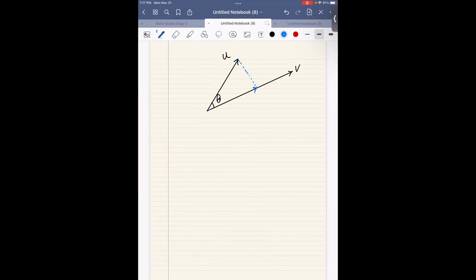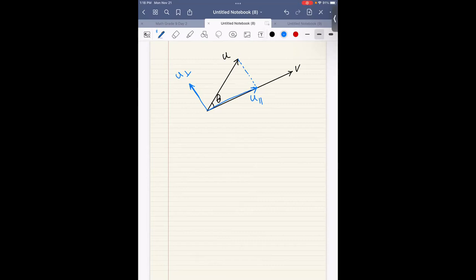One is the parallel part, so I just write u parallel, and one is the perpendicular part, I write u perpendicular. So how to find these two components of u?